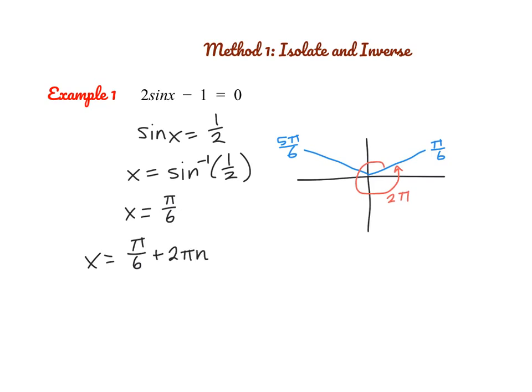Remember, n is any integer, meaning it would cover every possible coterminal angle here. The next time this will repeat is 2 pi units away. So we list a second answer, x equals 5 pi over 6 plus 2 pi n, repeating every full circle as well.